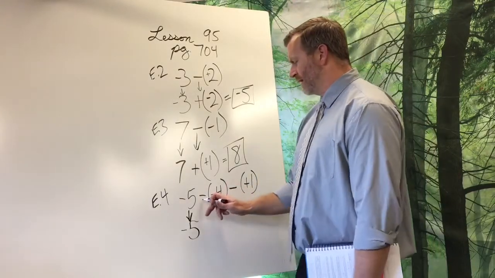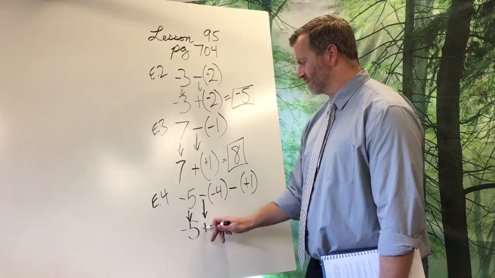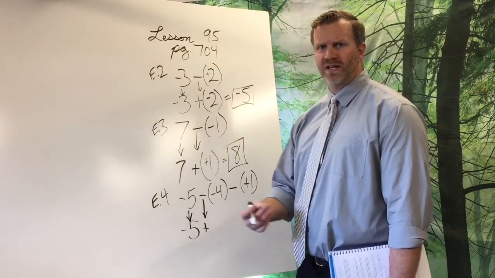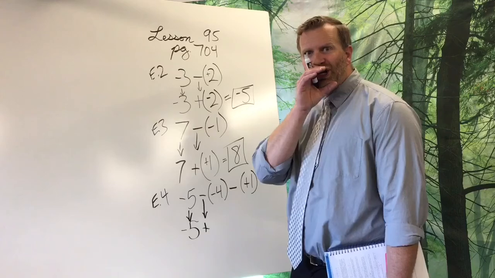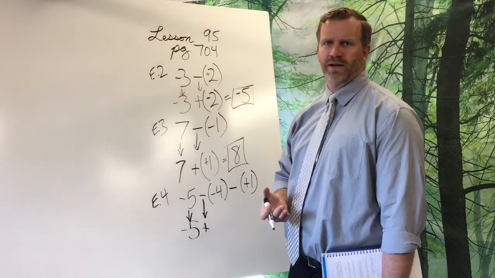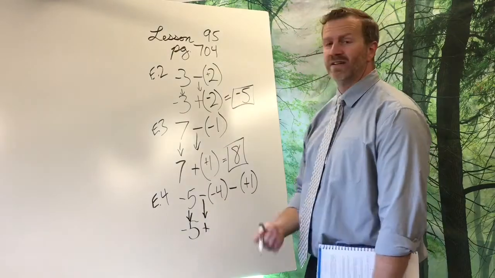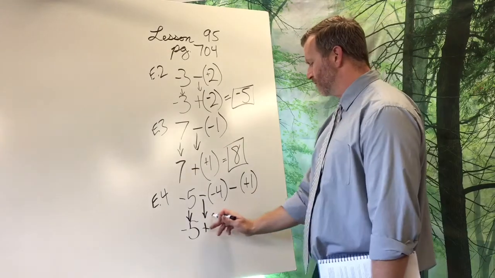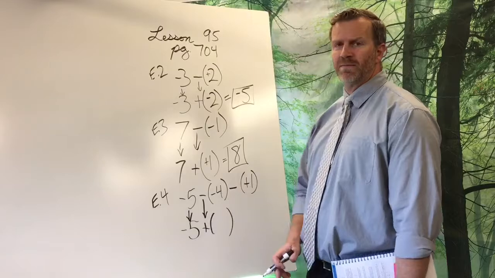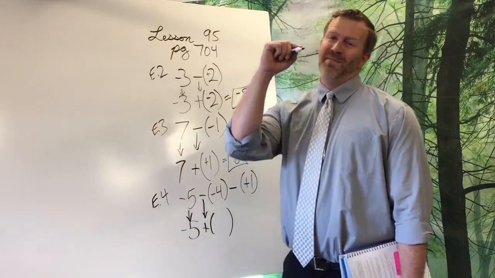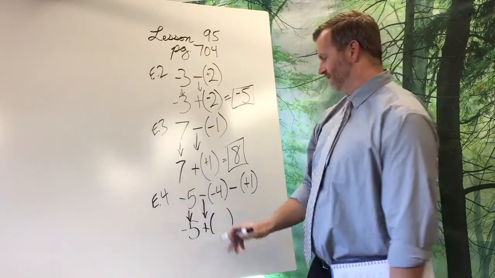All right, so as this minus sign comes down here, it becomes a plus sign, right? We're changing it to algebraic addition. It's not called algebraic subtraction. It's algebraic addition. So we're making it an addition problem. Now we got to do the opposite of what the next number was. It was -4. So that makes it a +4.